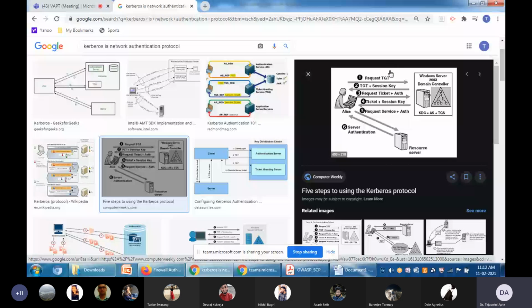So what is the TGT? Kerberos is supposed to generate a ticket to take care of the user authentication. Please focus. The user is requesting a ticket from Kerberos, and that ticket along with the session key is given by Kerberos to the user.